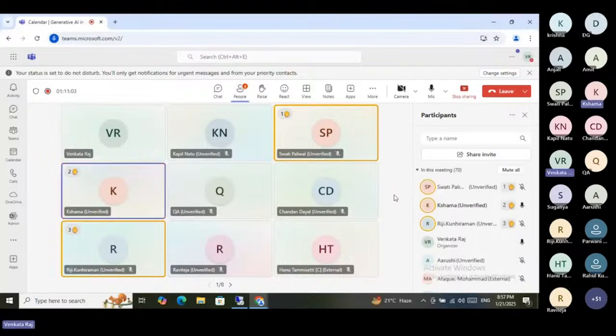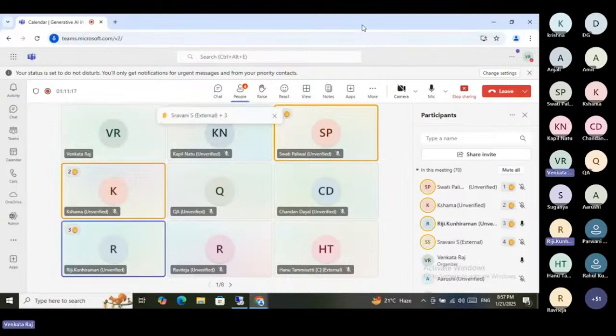All right, then Riji. Yes, please tell me. I just see this is covering different testing: functional, automation, and performance.